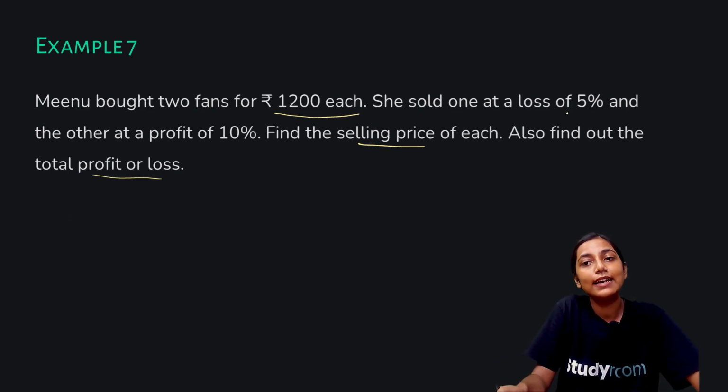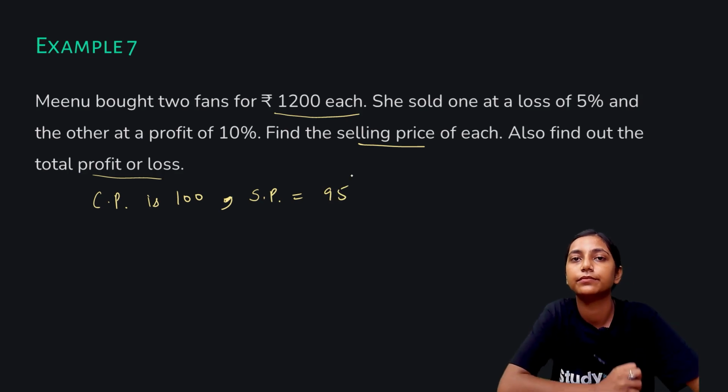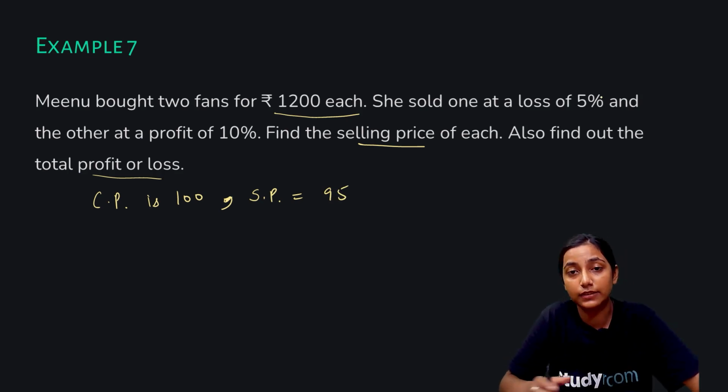Now, in the first case, she is having a loss of 5%. That means if the cost price is 100, selling price is 95, because she is having 5% loss.